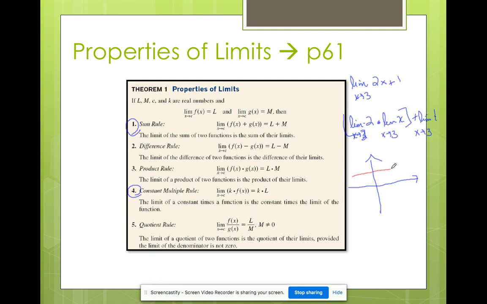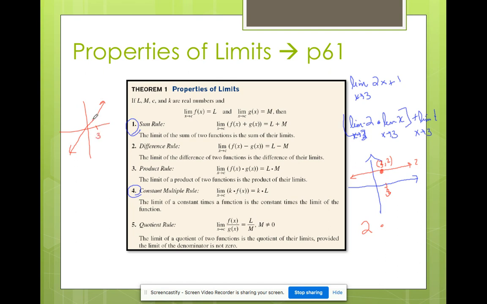Here's the graph of y is equal to 2. Continuous function. When x is equal to 3, what is the range value? 2. So this limit is 2 times the limit of x. I'll draw that one over here. This is a continuous function.